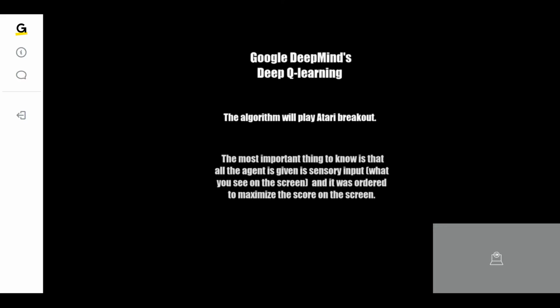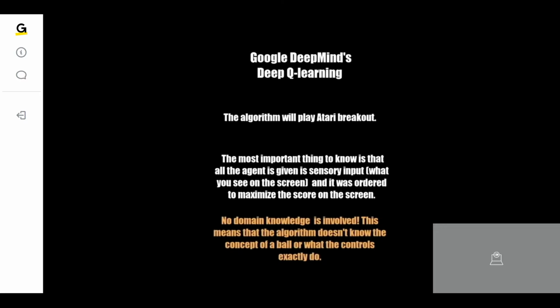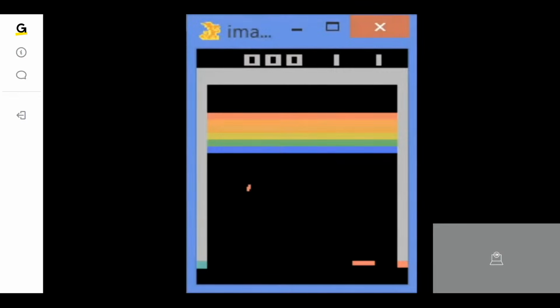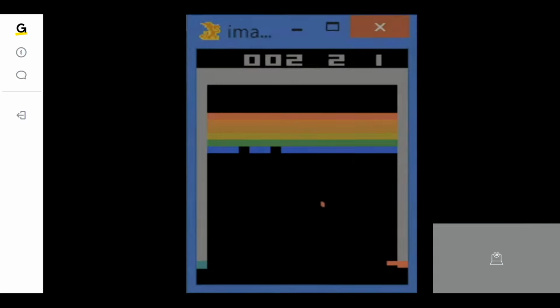Just a second, let me open that. So this is where the algorithm will play Atari Breakout, and they show how the agent is initially very clumsy in moving the paddle and how slowly it learns what is the right strategy to move the paddle to be able to break the bricks. Initially it is making a lot of mistakes.